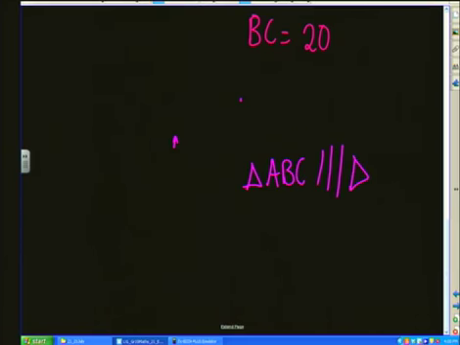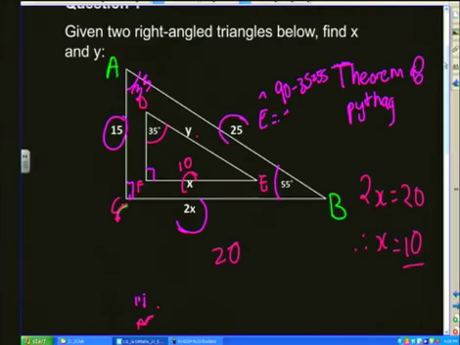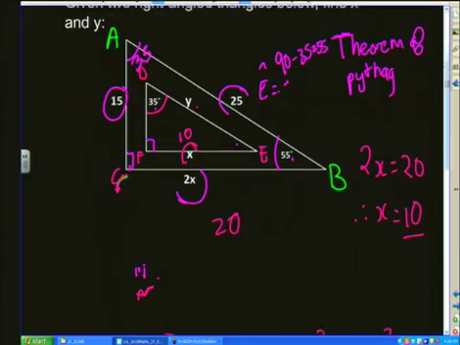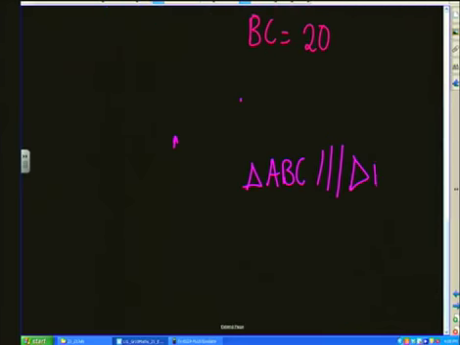So if I've gone ABC, that means I started at 35 degrees and then I went to 55 and then I went to 90. So I do the same thing in triangle DEF. I go from 35 to 55 and then to 90. So therefore it would be similar to triangle DEF, and the reason for that is they are equiangular, so we showed that all the angles were the same.